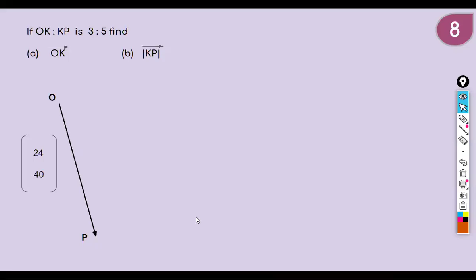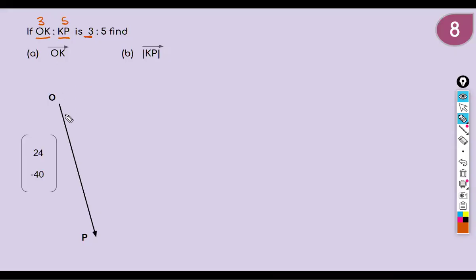All right, let me get the fractions down first. Now, you don't see the letter K, but OK and KP. So K is somewhere in between O and P. OK is the slightly smaller piece. You see the first number is 3, so it belongs to the first portion, and 5 will go here.